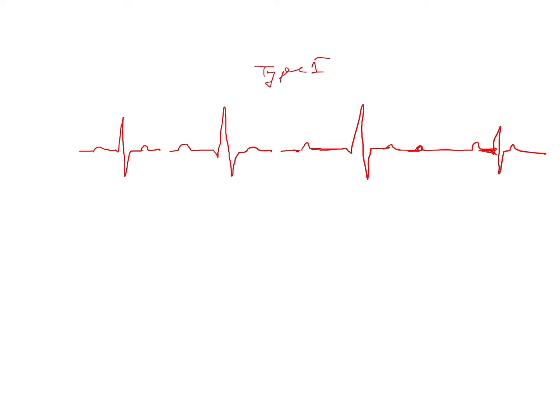What we see is there is progressive prolongation of the PR interval. As we know, the PR interval is from the beginning of the P wave to the start of the QRS complex. We can see the PR interval is getting prolonged for every beat.